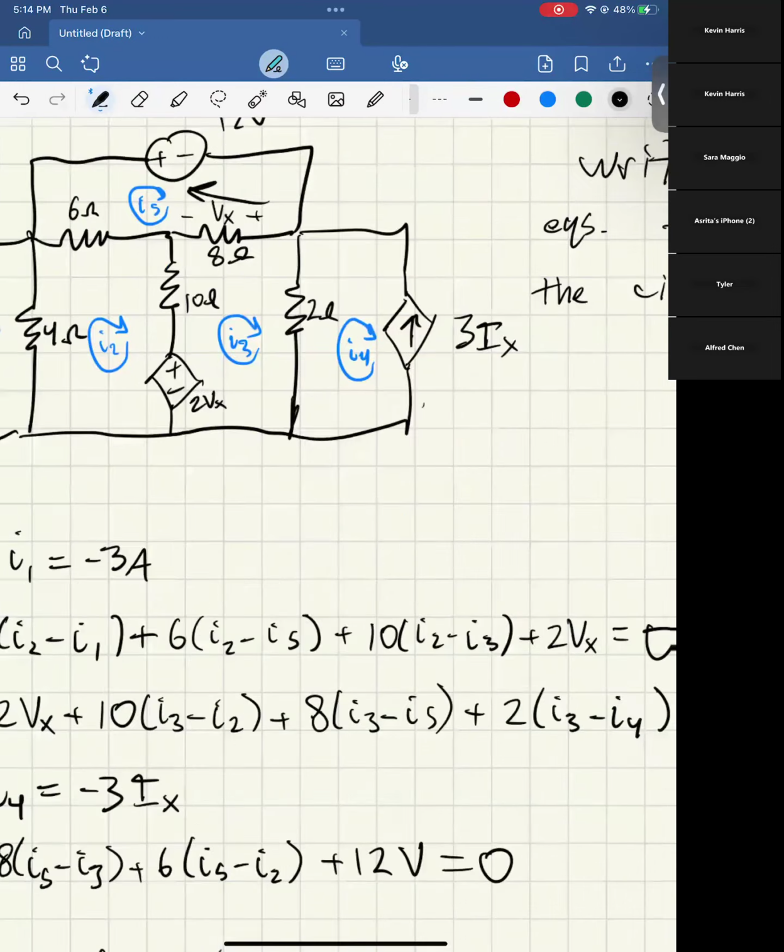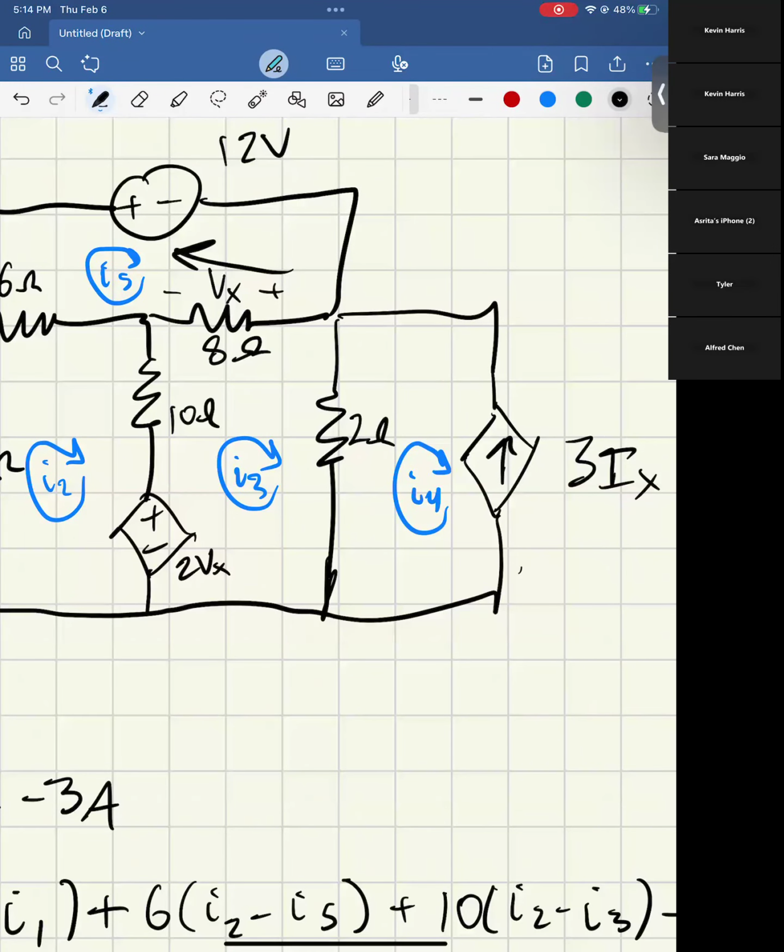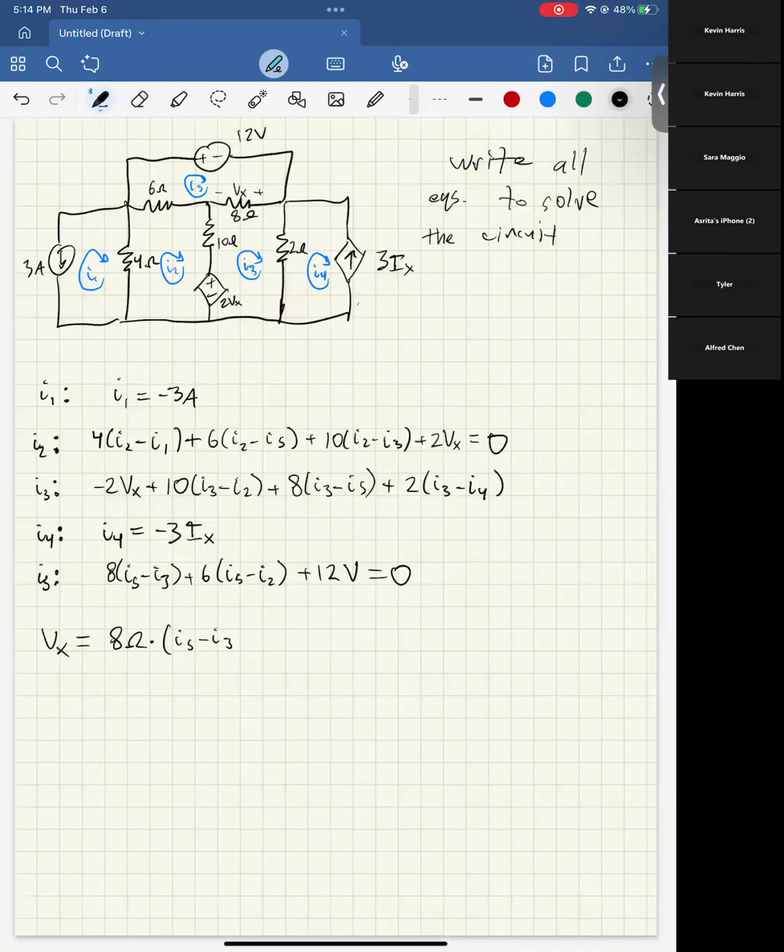Since Vx is defined as plus on the right, minus on the left, that implies that the current is flowing to the left, and the loop that agrees with that is I5. So I5 will be positive, I3 will be negative. You could also choose to write this as negative 8 times I3 minus I5 if you wanted to. It's the same thing mathematically.